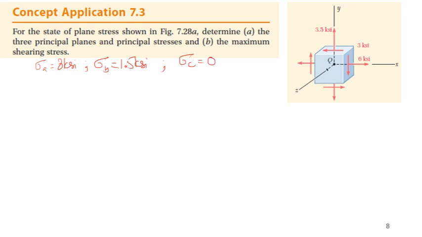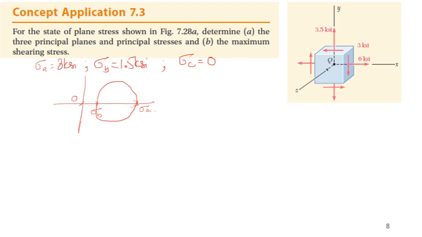So if I draw Mohr circle, that was sigma A, this is my sigma B, those are my principal stresses. It will be something like that. Again, this is a little bit out of scale. And the third principal stress is 0.